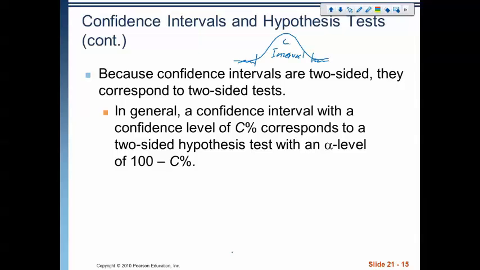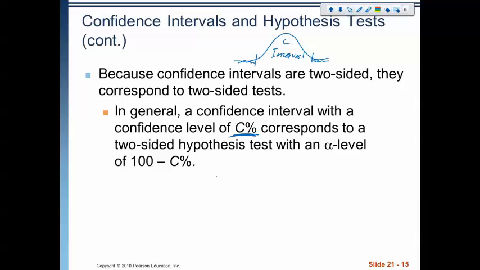So a confidence interval relates to a two-sided test. A confidence level of this percent corresponds to a two-sided hypothesis test with an alpha level of 100 minus whatever that percent is.